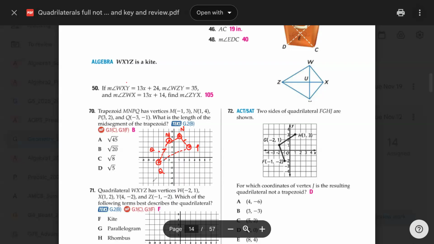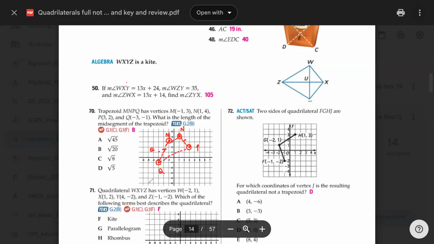Are we doing it correctly? Hold on. Let's see. MN, and then minus 1 to 1. How many units up? 3 to 4 is 1 unit up. Okay, Q to P is what?